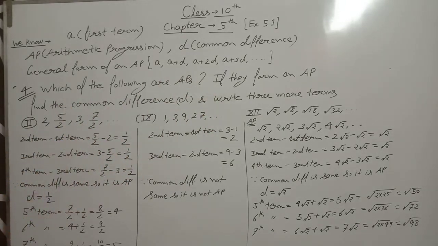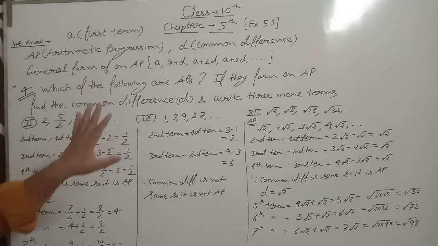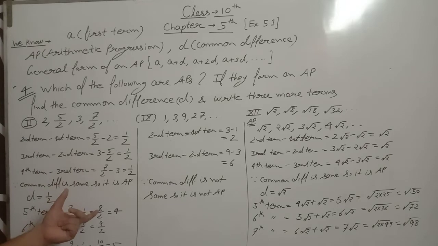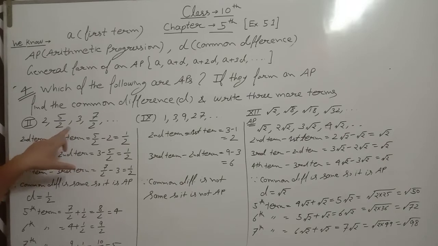Remaining parts do yourself. In the second part, the list of numbers is 2, 5/2, 3, 7/2 and so on. To check whether it is an AP, we have to find the difference: second term minus first term, third term minus second term, fourth term minus third term.